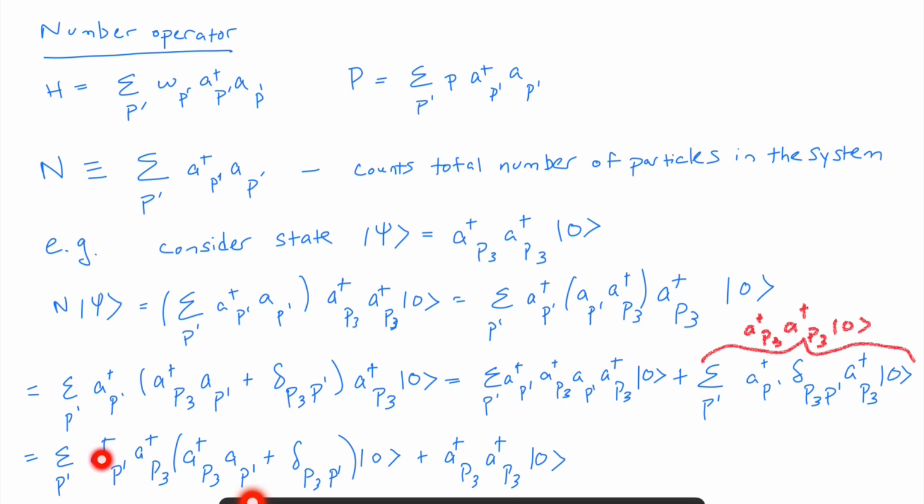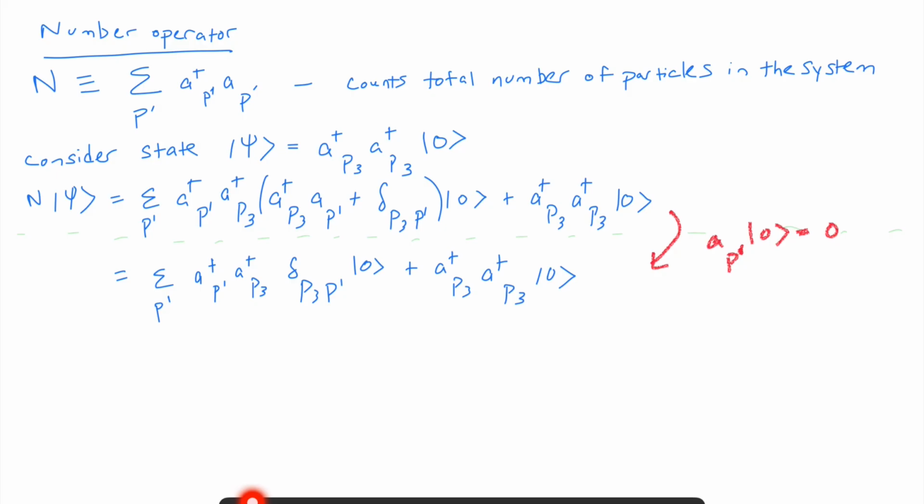Here's this A dagger, here's this A dagger. These two terms over here, I re-express using the commutation relations as this plus the delta. So I reversed the order of these two and added the delta function to make up for that. That's still 0, and here's just the original expression. Keep moving forward. I'm just running out of space, so I just rewrote what we had previously up here.